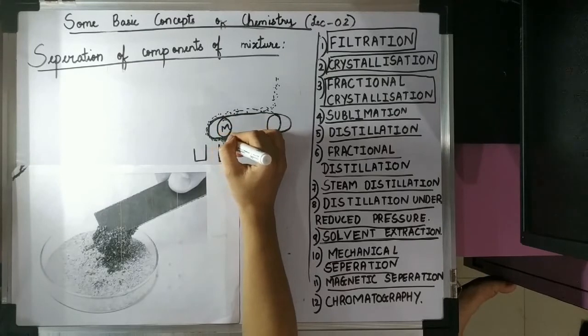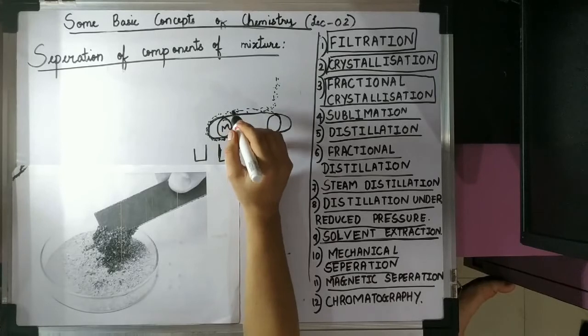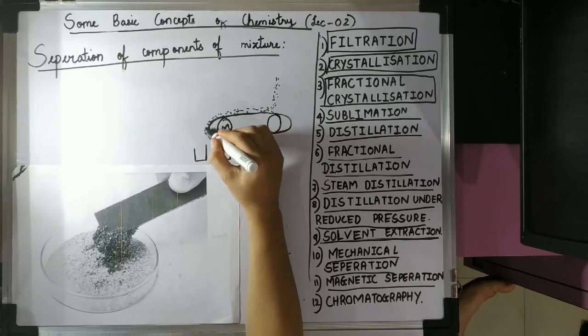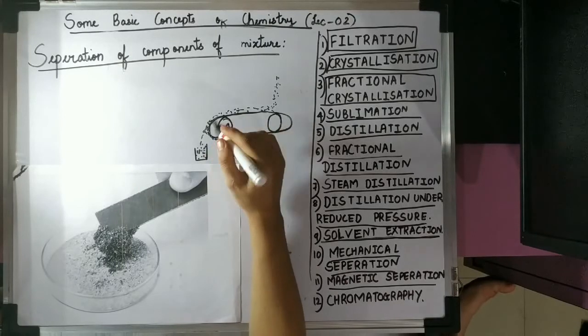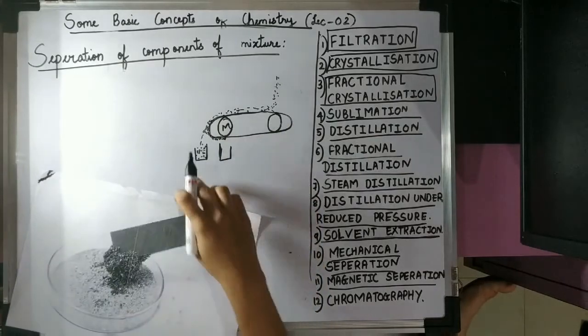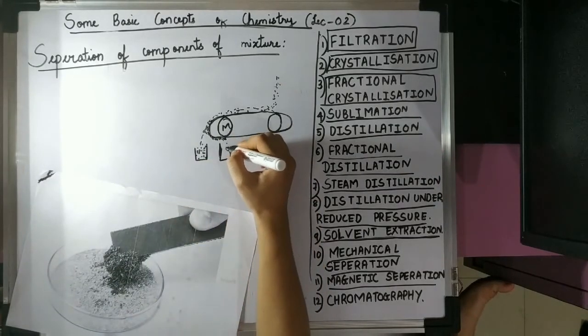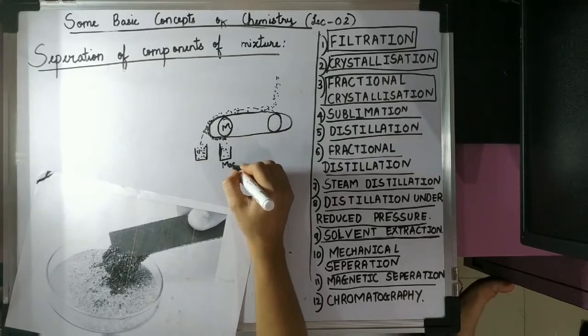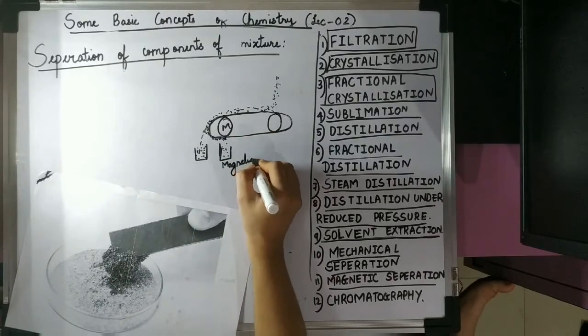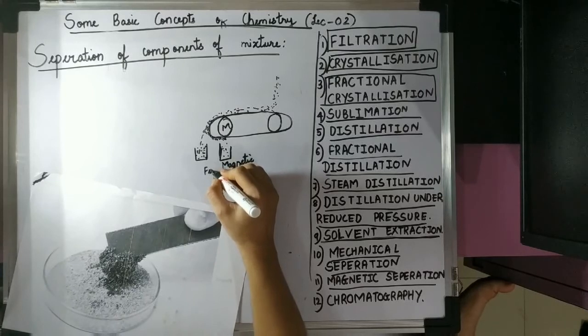But the substance which is not ferromagnetic, which is diamagnetic, will just fall off here due to the tangential force acting on the substance. It will simply fall off into this receiving flask, but the ferromagnetic substance we can get into this receiving flask. This is a ferromagnetic substance, and this is a diamagnetic substance.